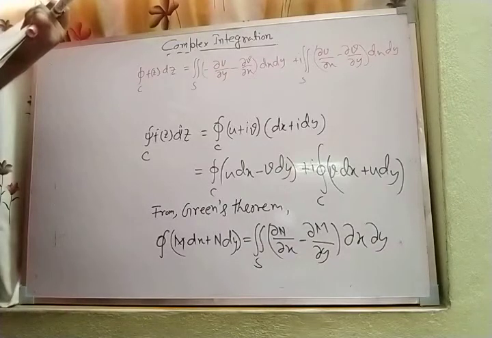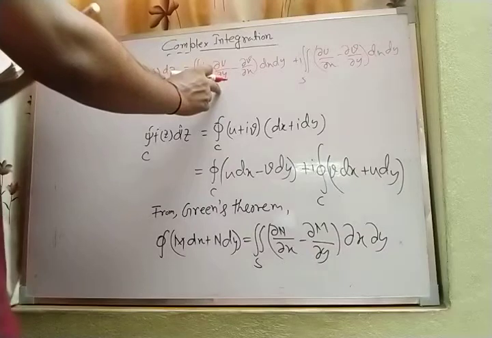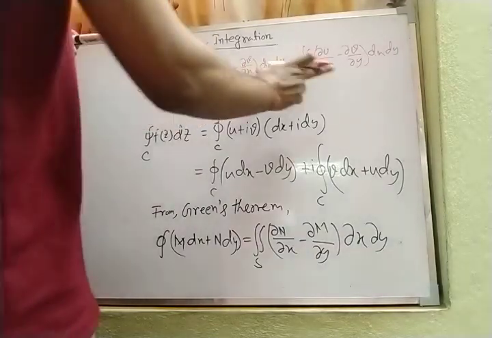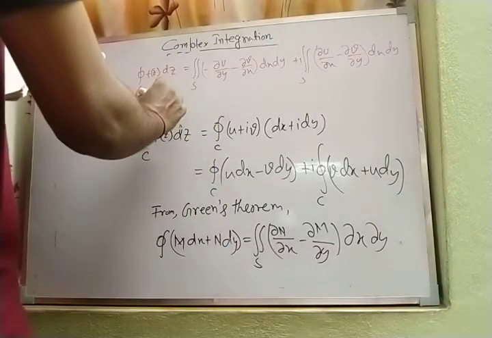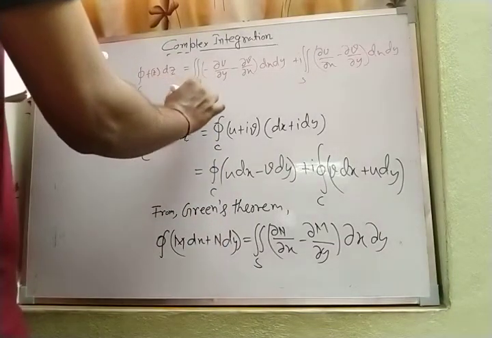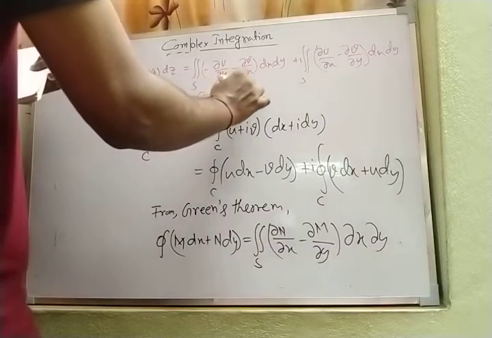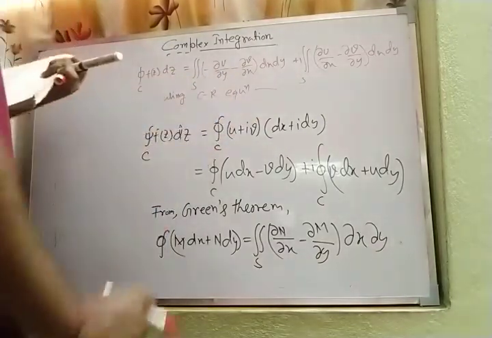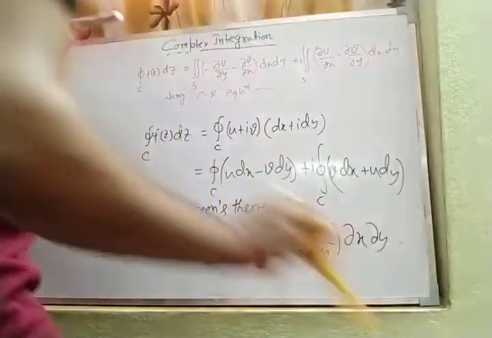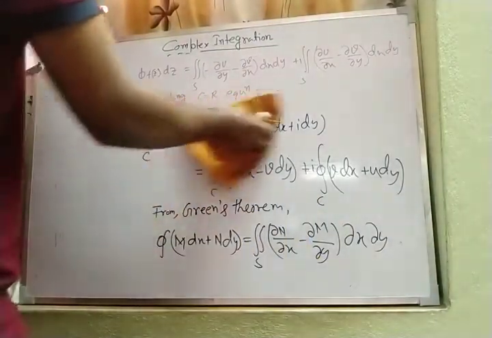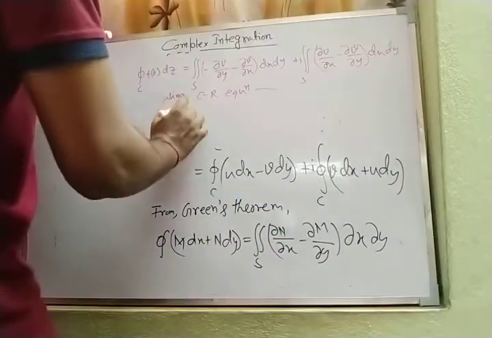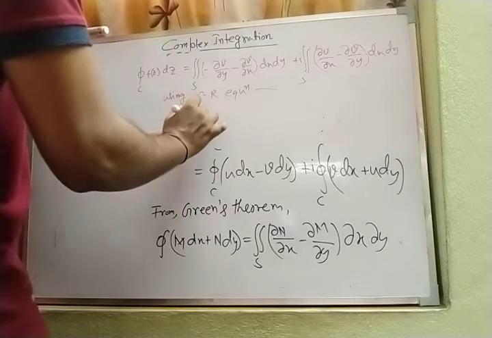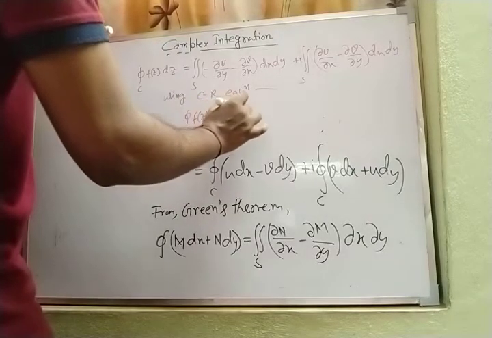Now from the previous class we discussed the Cauchy-Riemann equation. Using this equation you can easily see that both parts go to 0. So using the CR equation, this gives closed integration over C of f of z dz equals 0.